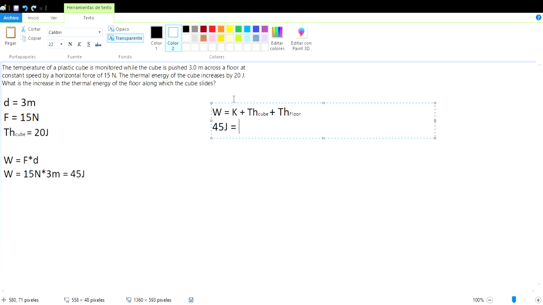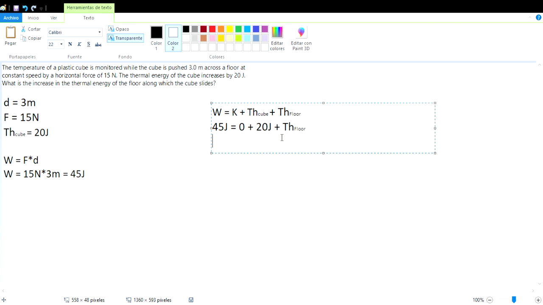So for that reason, we don't have a change in kinetic energy, because there's no difference of velocity. So the kinetic energy change is equal to 0. The thermal energy of the cube is the 20 joules that we found. So we have 20 joules. And we need to find the difference of the thermal energy of the floor.